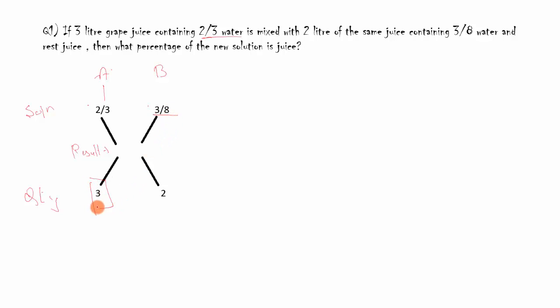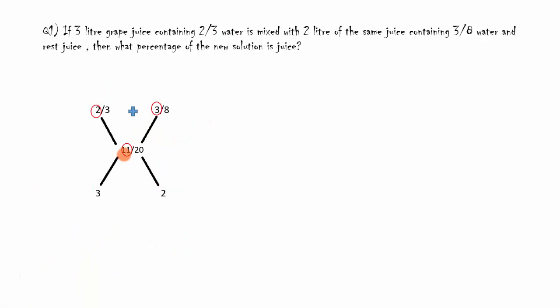The first has quantity 3 and the second has quantity 2 liters. When we mix 3 liters of this concentration and 2 liters of 3 by 8 concentration, we get 2 by 3 into 3, this concentration multiplied by its quantity, plus 3 out of 8 times 2. The total quantity is 3 plus 2, 5. Then we will get 11 out of 20, right?